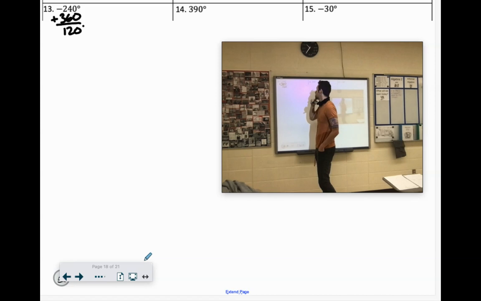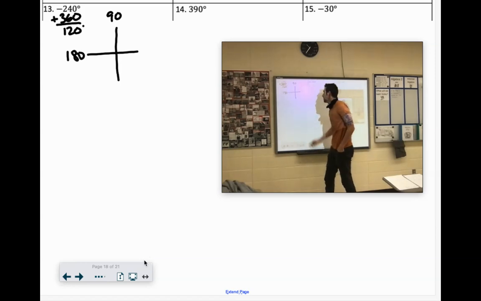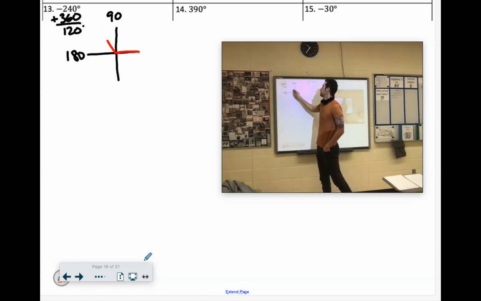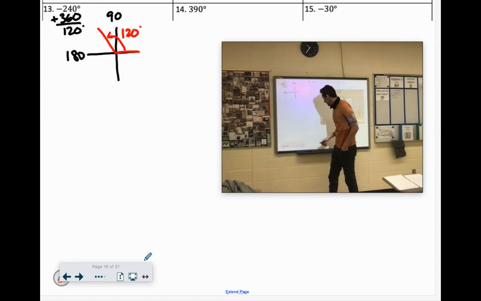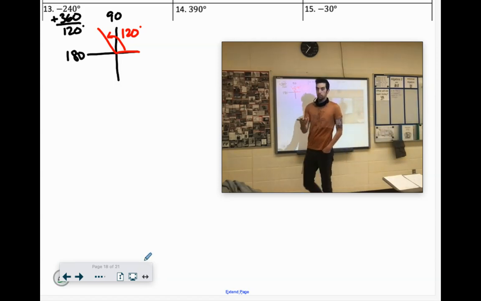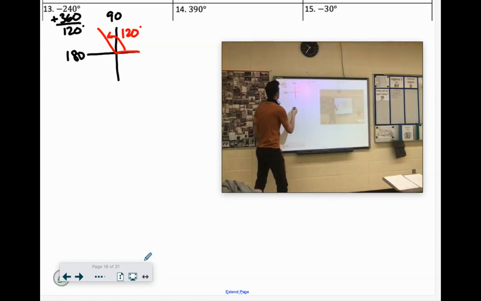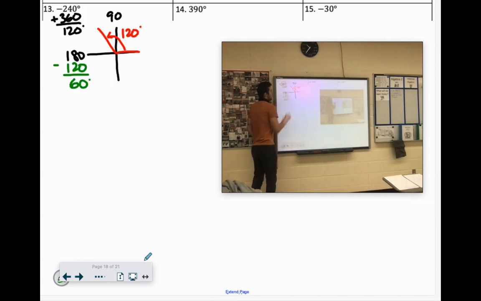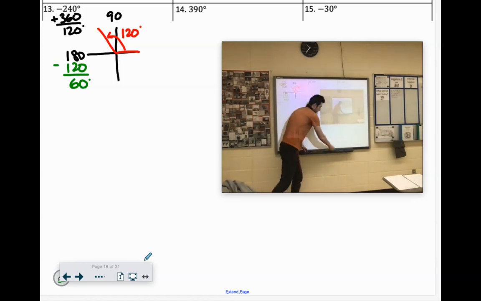Now, if we were to think about that, here's 90, here's 180, it would dip into quadrant 2. And if you're looking for the reference angle in quadrant 2, remember you subtract 180 minus our angle. So we could say 180 minus 120, which will give us a reference angle of 60 degrees.